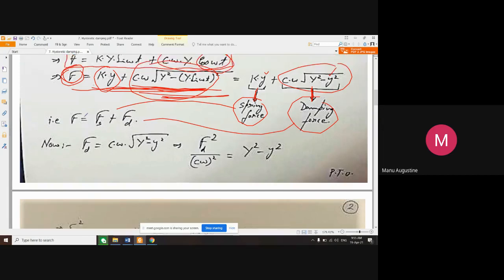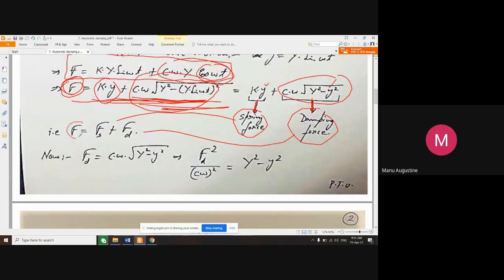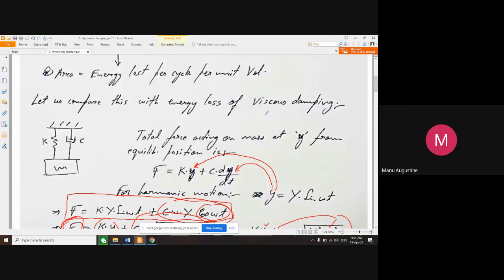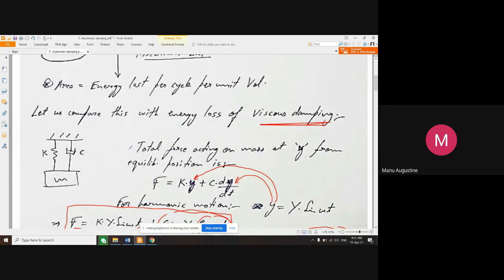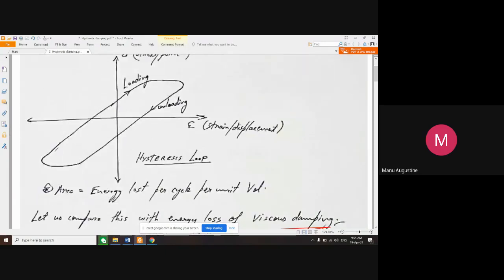So at any given instant of time, we have the total force experienced by the moving mass in the case of viscous damping. As I have told you, we are not discussing structural damping here. Let us say for a moment we are taking a break and going back to viscous damping. And what are we trying to do? We are trying to find out a similar expression for viscous damping. We know that in the case of hysteresis damping there is energy loss according to the hysteresis loop.